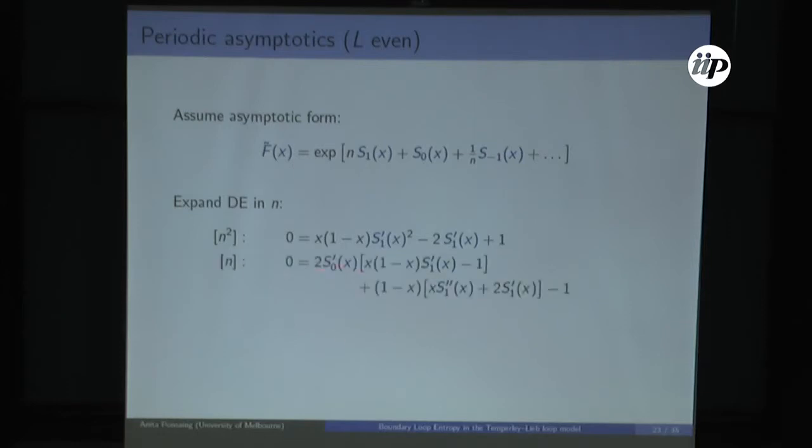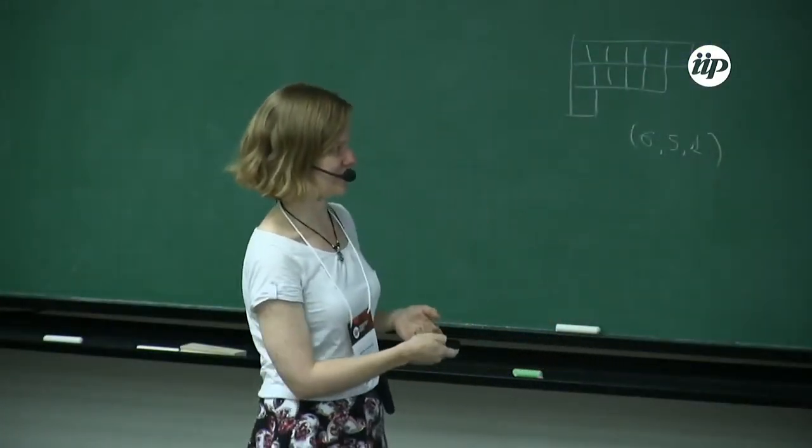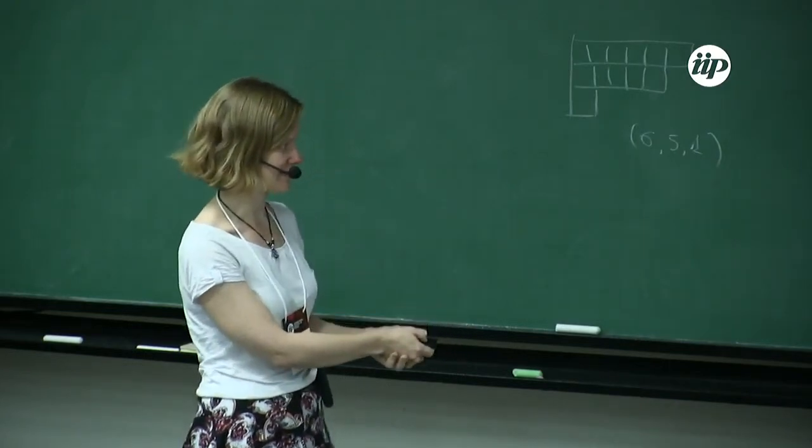So once you have that solution, you look at the next coefficient, and then you get this equation which has S0 and S1 in it. But by now you know what S1 is. Plug it in and solve for S0, and again, it's quite easy to solve.